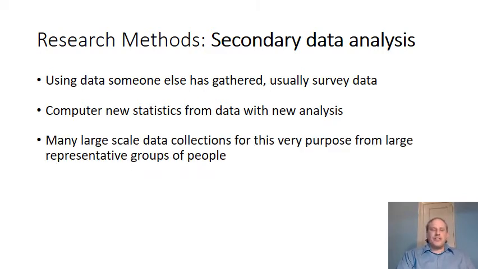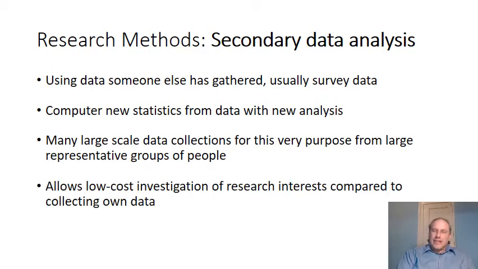Many large data collections exist for this very purpose, with large representative groups of people so that the data is statistically useful and the results are statistically significant. The advantage is, since you don't have to pay for your own survey, it's low cost.